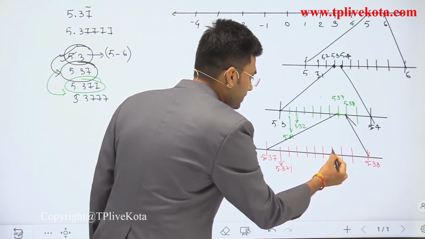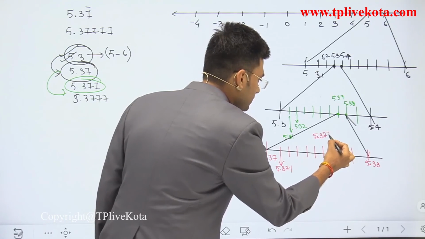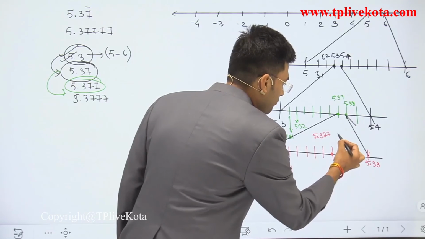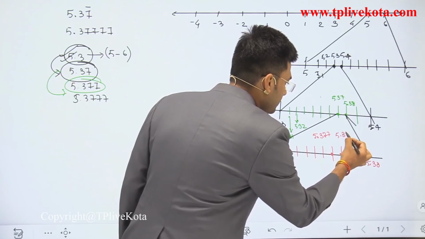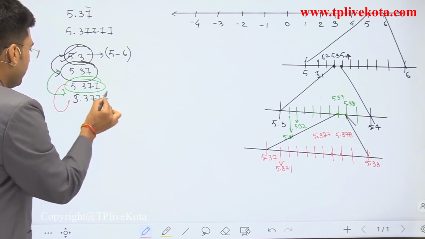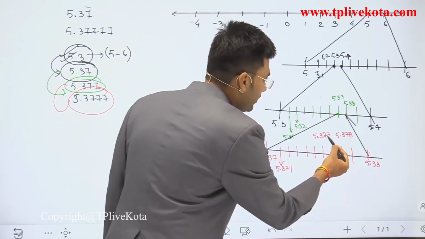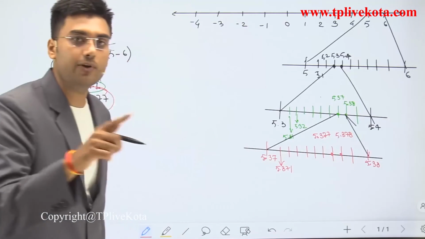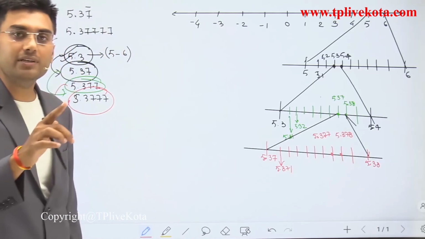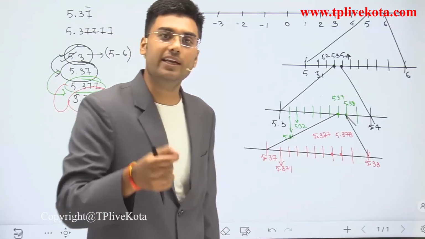That means it is 5.377 and this is 5.378. Now we have to represent 5.3777. It lies between 5.377 and 5.378. So we have to further divide 5.377 and 5.378 into 10 equal parts.